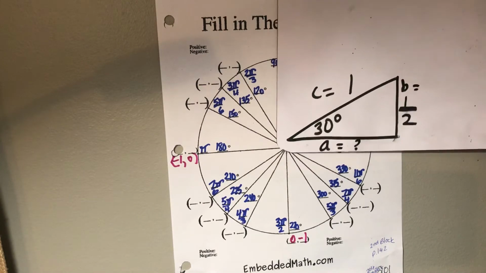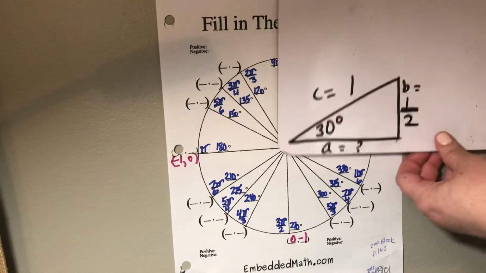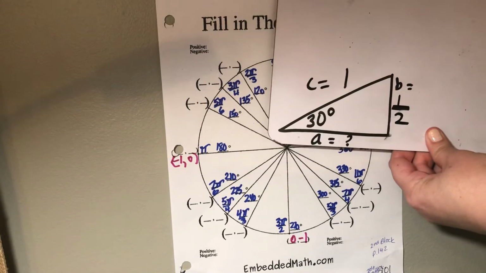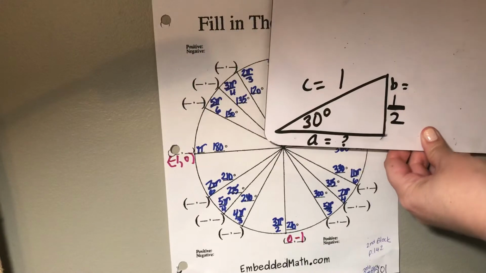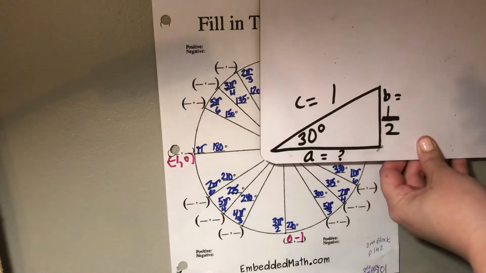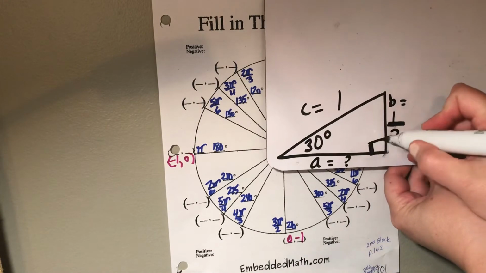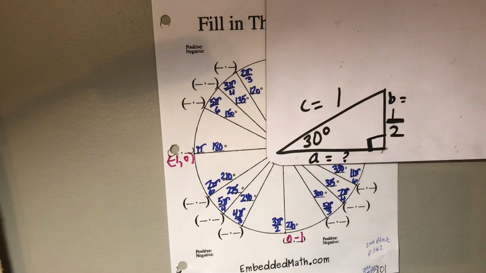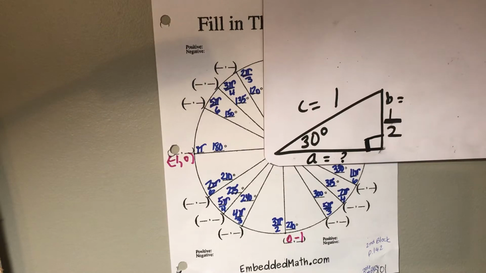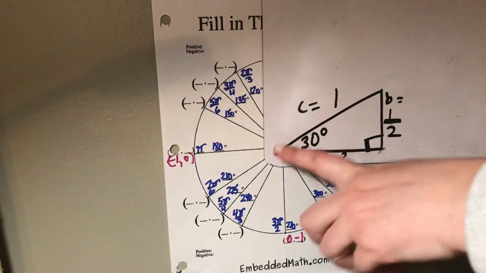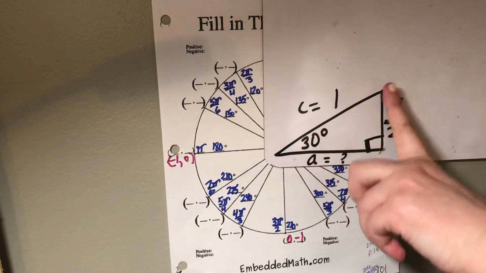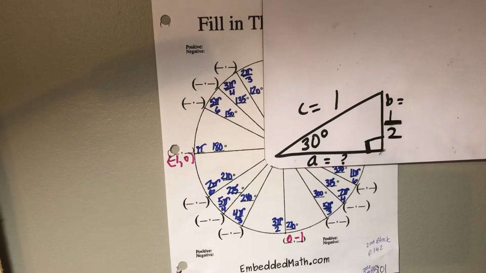If you have an angle that's 30 degrees in a right triangle, and we're making the hypotenuse 1 because this is on a unit circle, and this is a right triangle, so this angle is 90 degrees. The side opposite 30 degrees is going to be a half. If you measure this, this would be half of the distance.